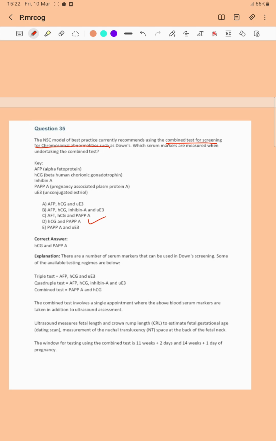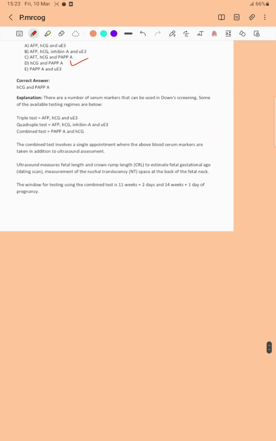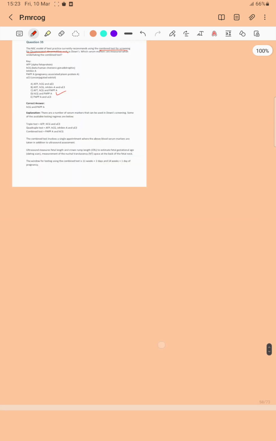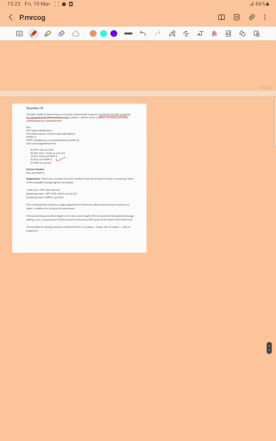The combined test involves a single appointment where the serum markers are taken in addition to the ultrasonography. Ultrasound measures fetal length, the CRL, to estimate the fetal gestation, and measurement of the nuchal translucency, the space at the back of the fetal neck. And the window for testing using the combined test is 11 weeks plus 2 to 14 plus 1 days of the pregnancy.